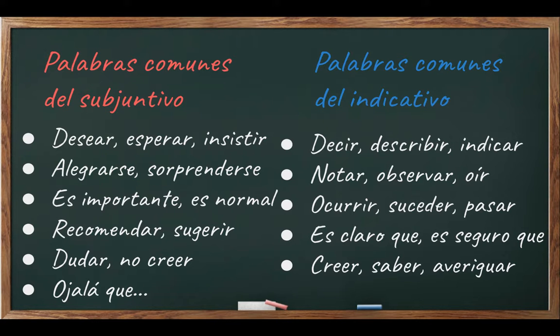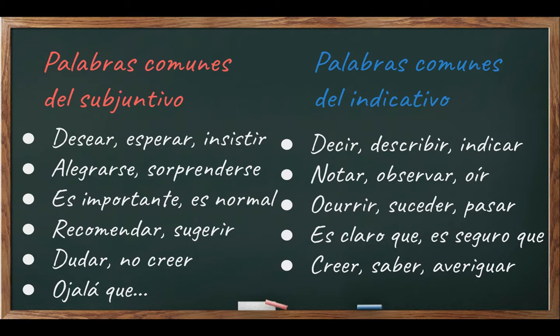Now, if you go through these 3 criteria and you're still not sure, you have the keywords. So for the subjunctive, some keywords are desear, sorprenderse, es importante que, no creo que. You should recognize a lot of these from the weirdo chart that we did and some of the example sentences that we've been writing. So if you are still not sure, but you see one of these phrases, sorprenderse, yo insisto que, probably subjunctive, right? 90% chance.